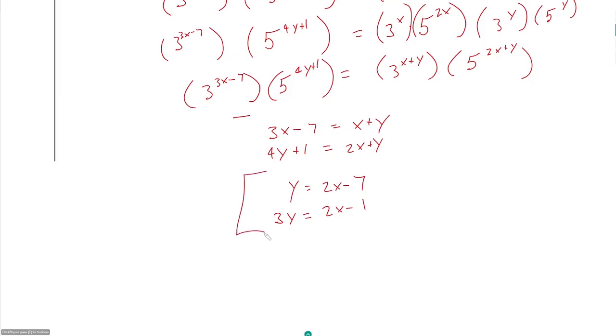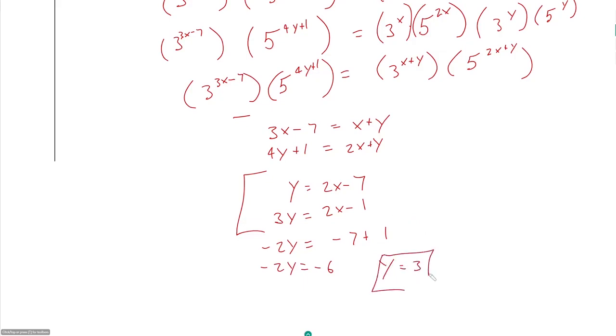It looks like if I subtract these two equations from each other, I can solve for y very easily because my x's will cancel out. So y minus 3y is negative 2y. 2x minus 2x is 0. And I have negative 7 minus negative 1, which is really just minus 7 plus 1. So negative 2y is equal to negative 6. Y is equal to 3, it looks like.